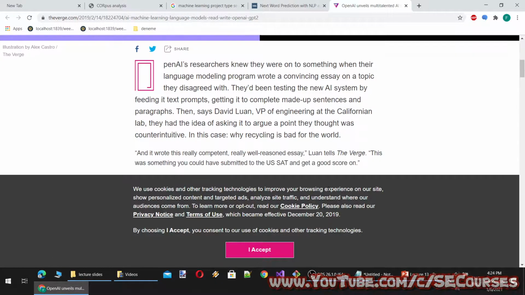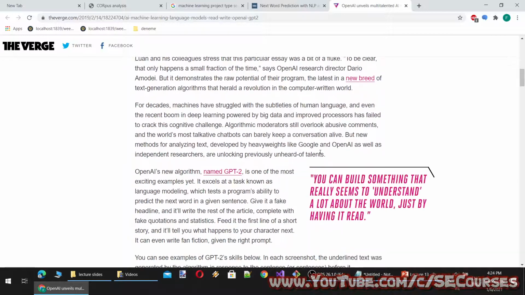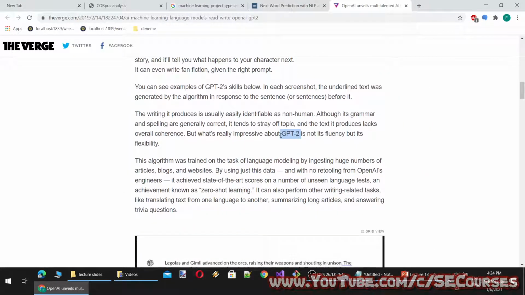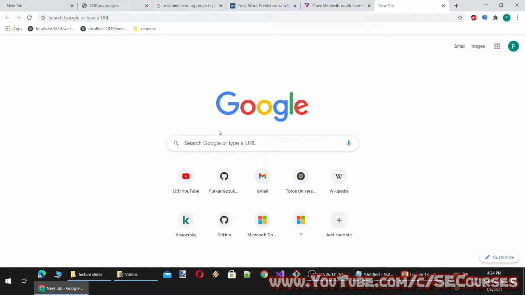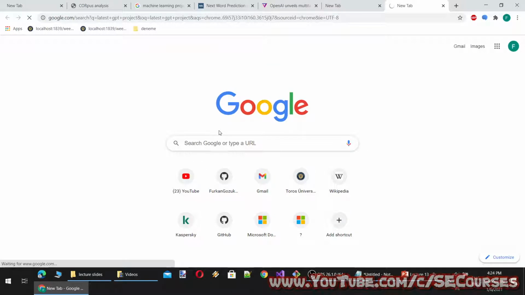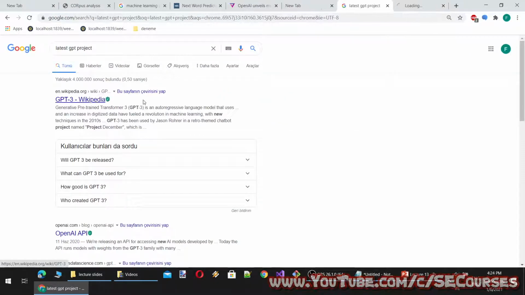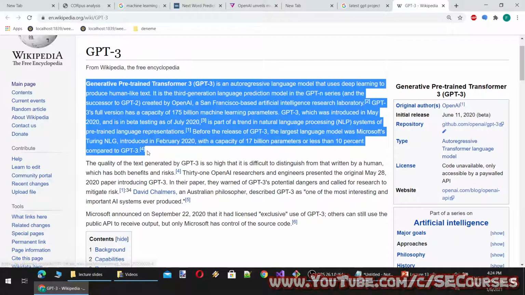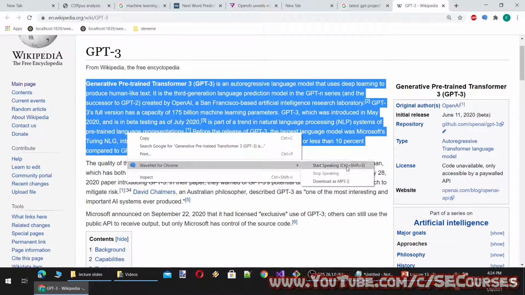Let me check it. Yeah, GPT. Okay, it is GPT-3, I believe. Okay, latest GPT project. Yeah, GPT-3. Okay, so let's read it.